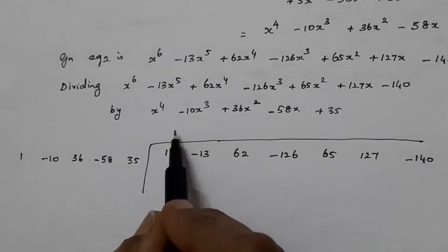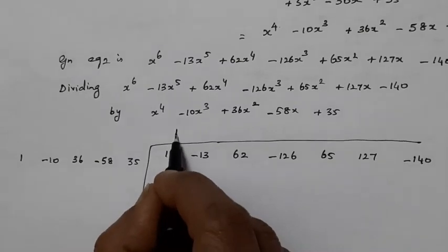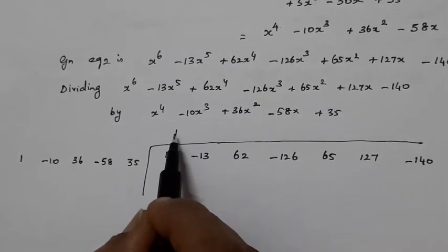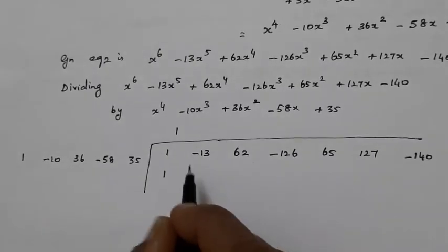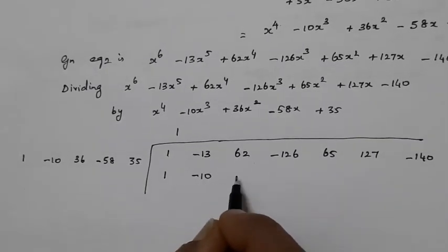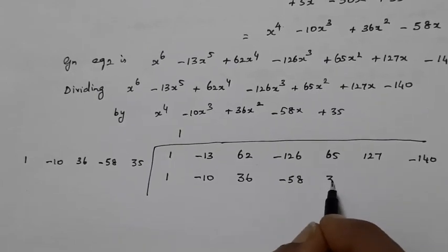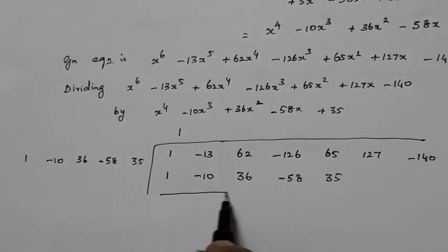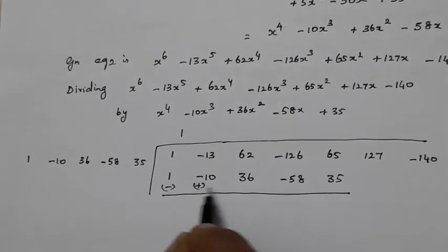Now to get the quotient, let us divide the first term by the first term. So 1 divided by 1 is 1. Then multiply this quotient, 1, with all the terms here: 1, -10, 36, -58, then +35. Now let us subtract this. To subtract, you have to change the sign.